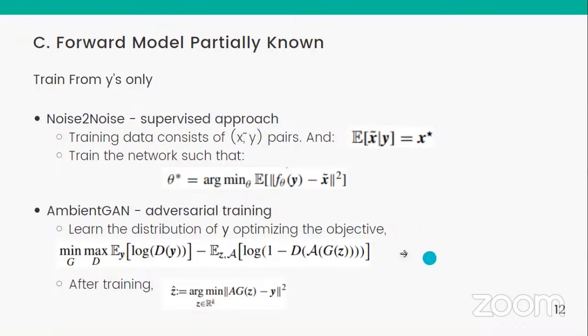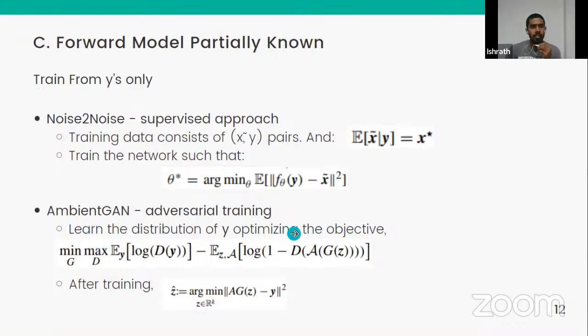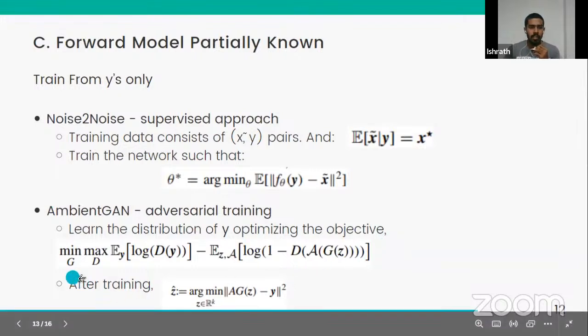In this AmbientGAN paper, they are trying to capture the distribution of y, the measurements, rather than the distribution of ground truth images x, like in the previous method. To do this, they use a generative discriminative network. The intuition behind this approach is, first of all, we have a generative network.